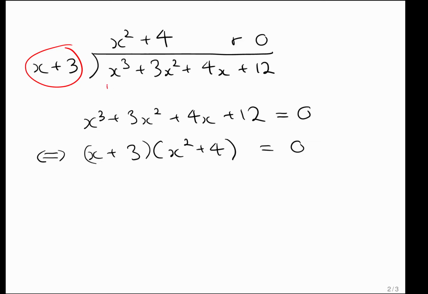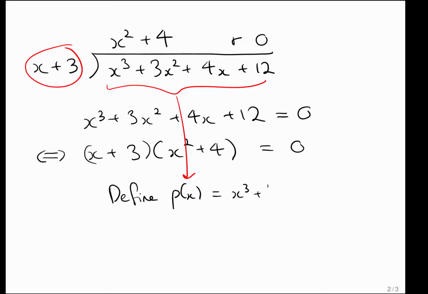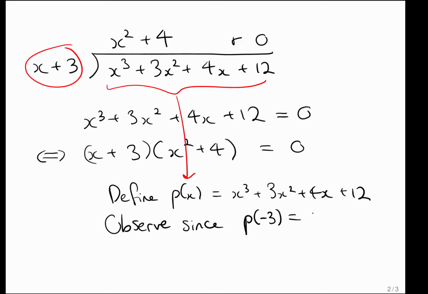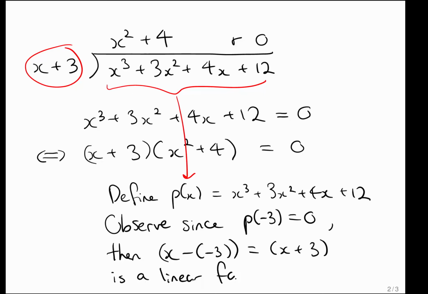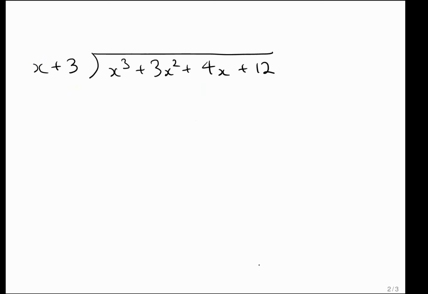If we call the original polynomial function p of x, then whenever we can guess a number which when evaluated gives 0, then x minus that number must be a linear factor. Alright, so that's the plan.